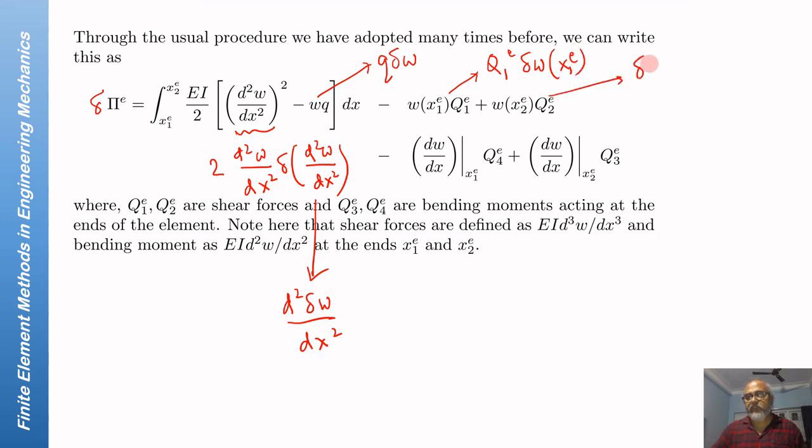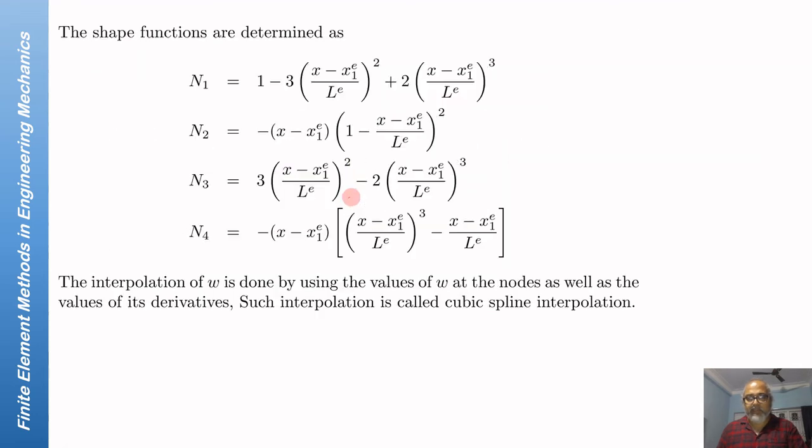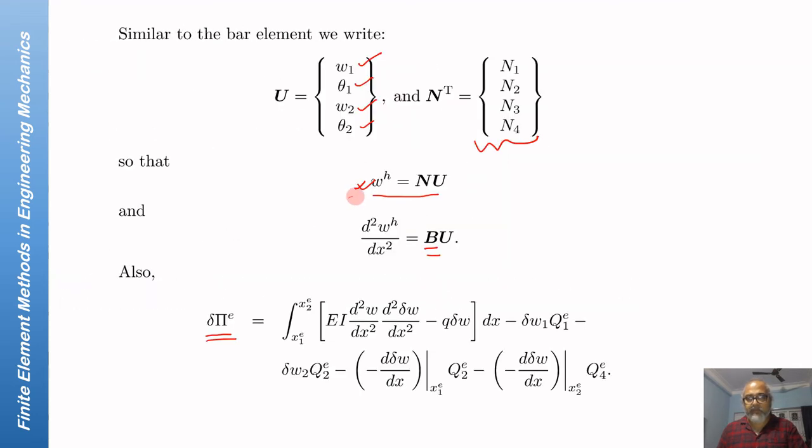This will lead to delta W at x2e times q2e. This will lead to d del W del x at x1e, q4e, and so for the last term you can figure that out. And this is what we get. This is what del pi E is.